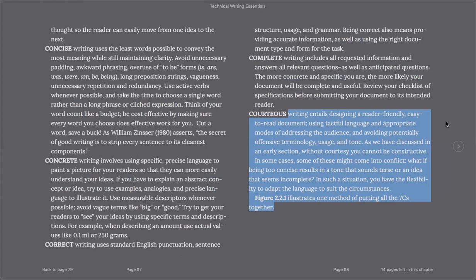Without courteous writing, we cannot have constructive writing. In most cases, you might come into some kind of conflict. What if being too concise affects the tone? If I'm too specific, maybe I sound not very polite, not very courteous. Consider complete writing in order to have that courteous language.